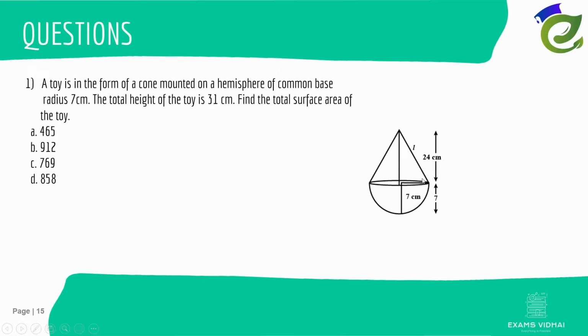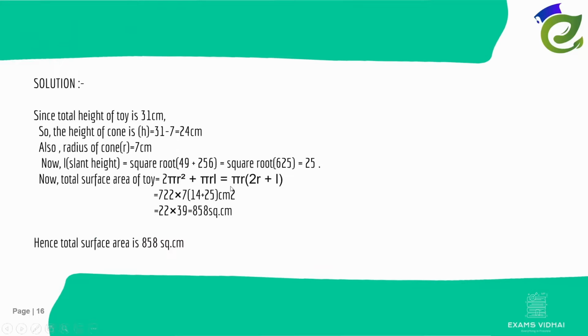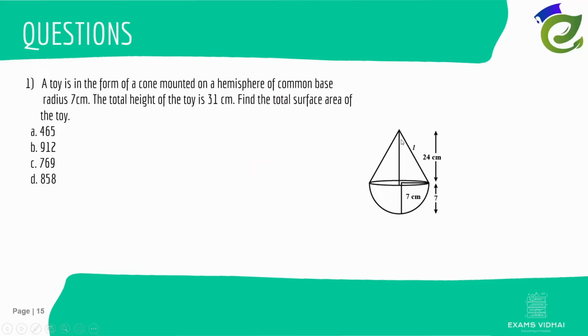So height is 24 and radius is 7. We know the slant height formula, root of h square plus r square, which is 7 square, 49, plus 24 square, 576, becomes 625. Square root of 625 is 25. So our slant height L is 25.